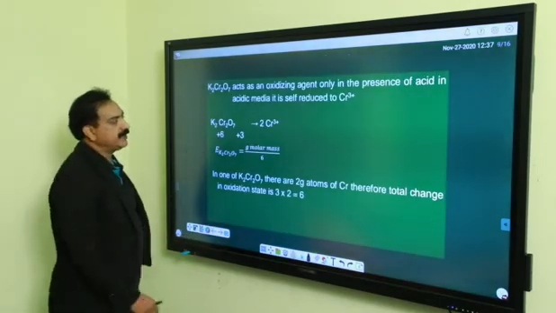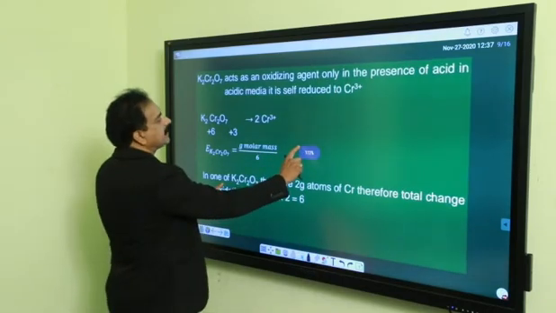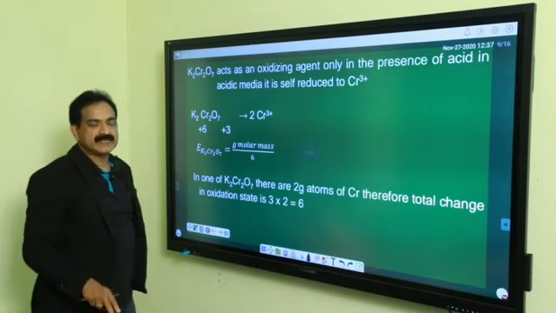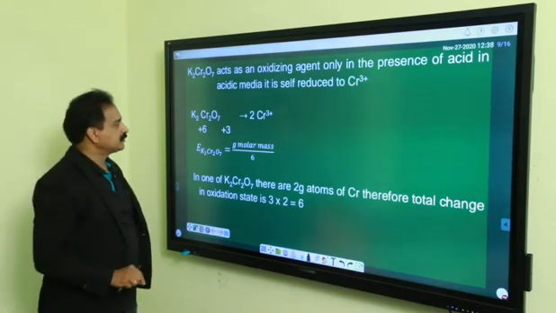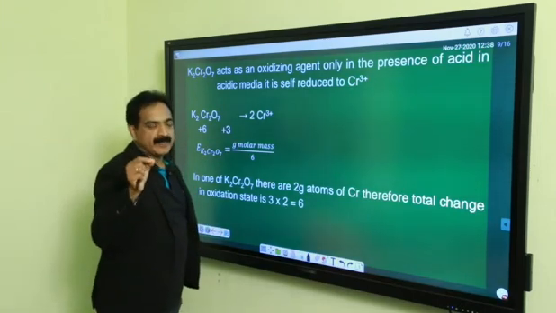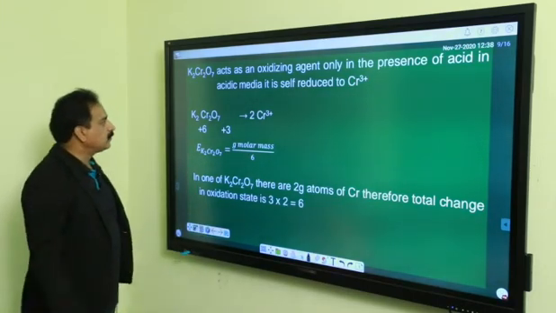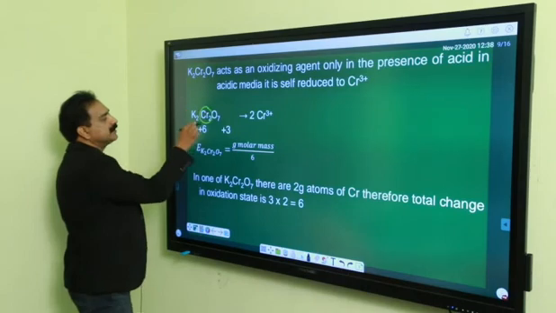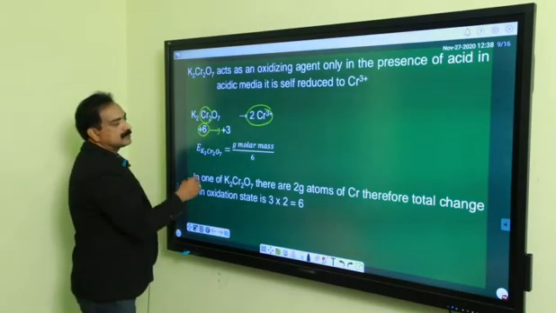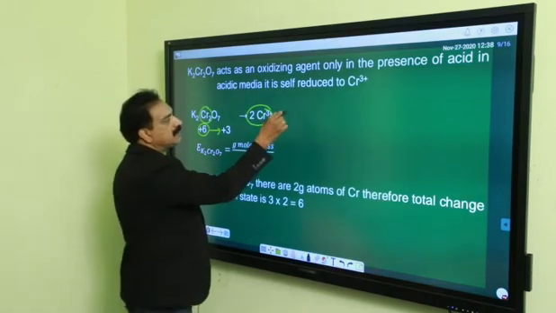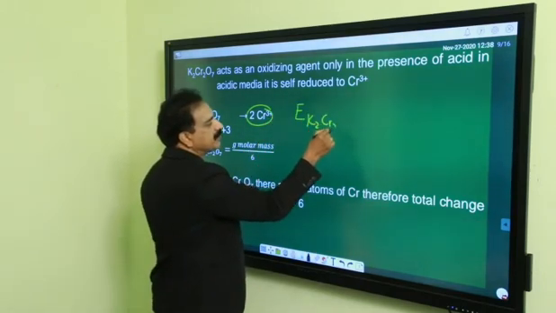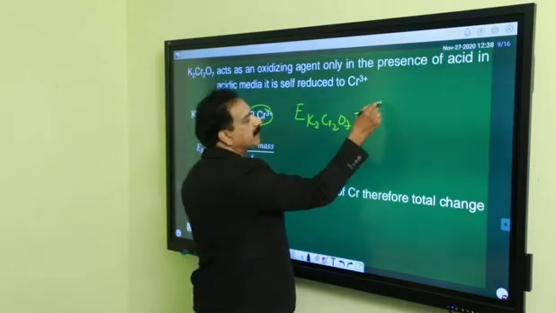Now K2Cr2O7 is the second oxidizing agent regarding which you must know. The formula is the same: molar mass divided by change in oxidation state per mole. Here the oxidation state changes from +6 to +3. Normally students say that the equivalent mass of K2Cr2O7 should be M by 3.